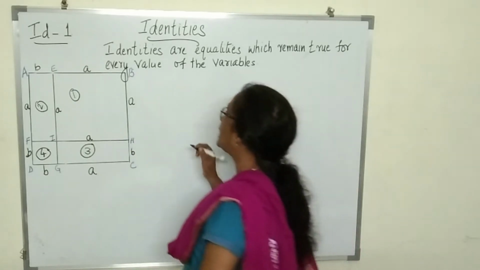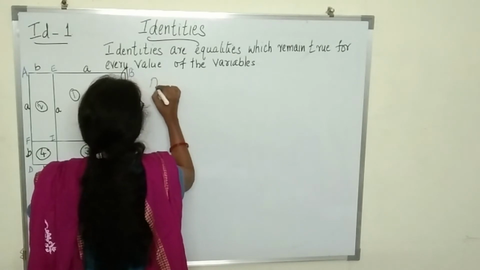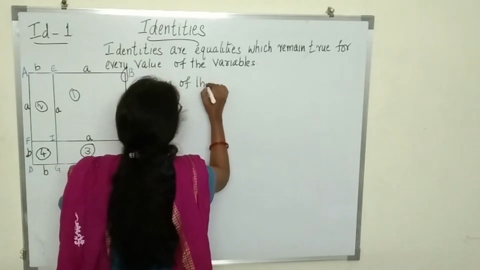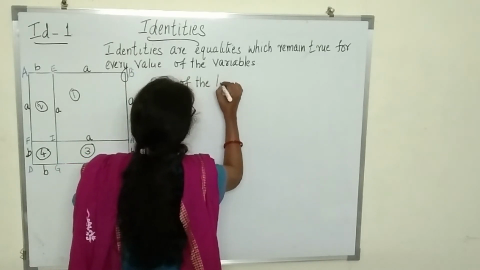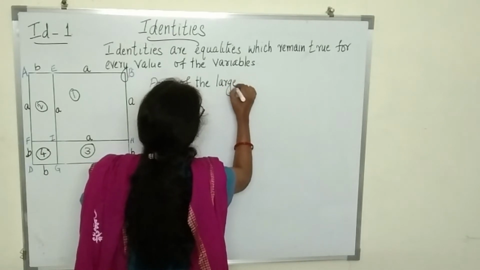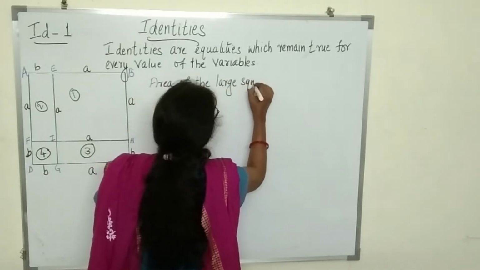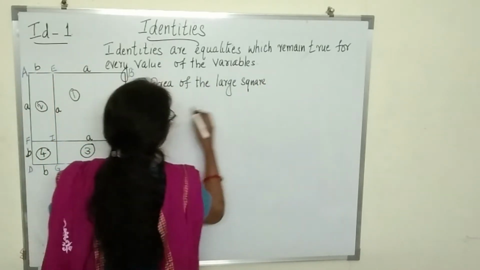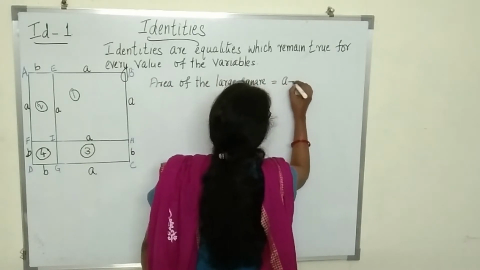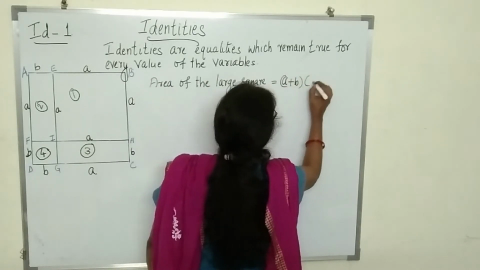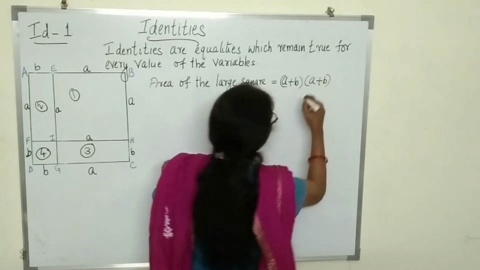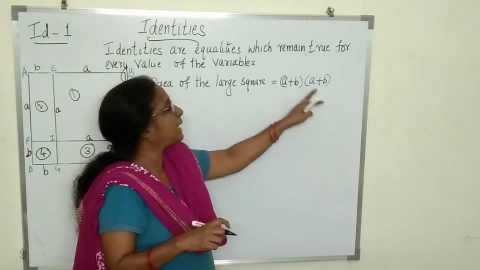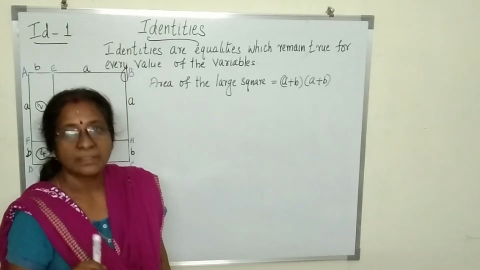A plus B. So the area of the big square is A plus B into A plus B. Now we have already learned that whenever we multiply any number by itself, we can write it as its square.